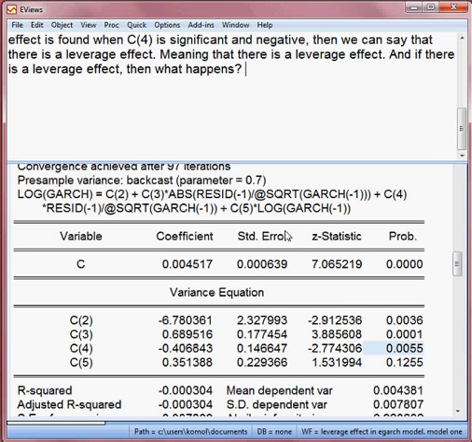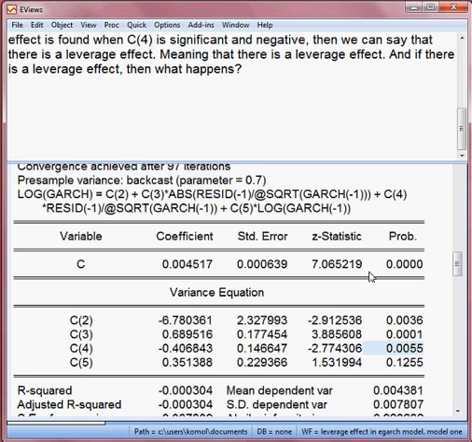In this model, what is happening? There is a leverage effect. Okay, what is the leverage effect?